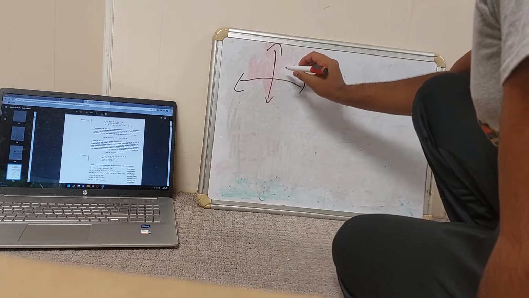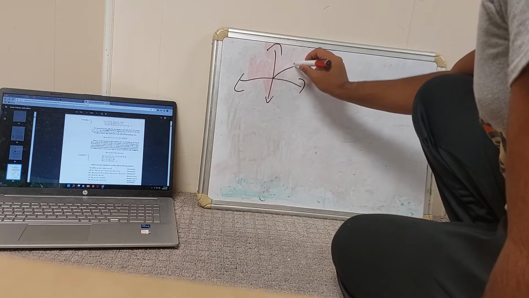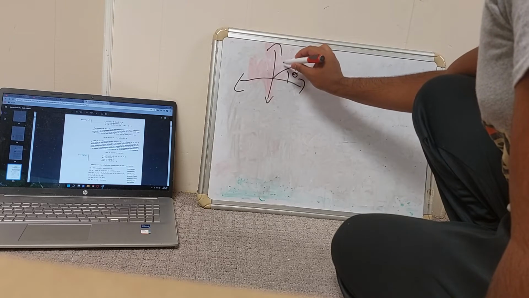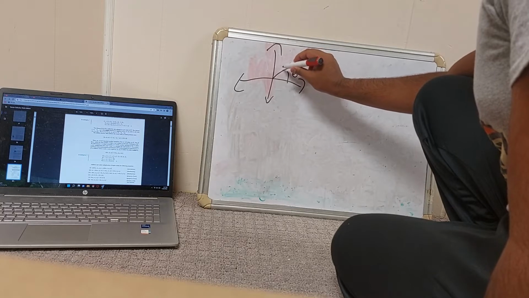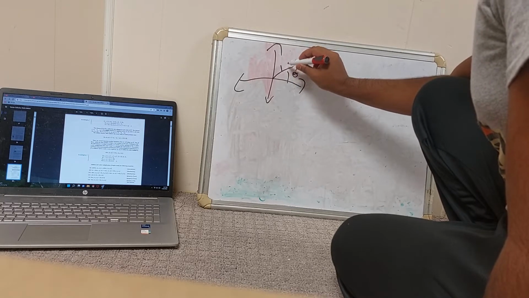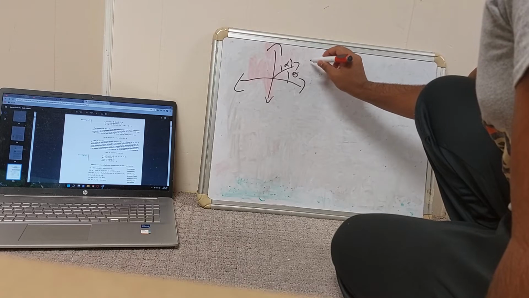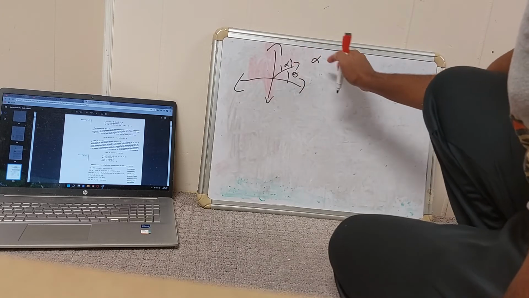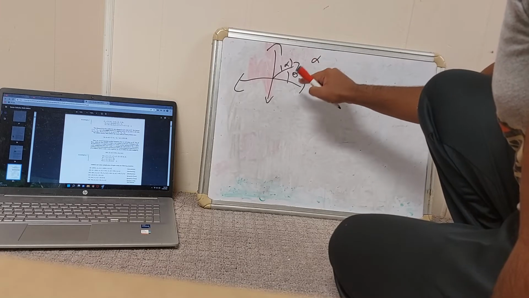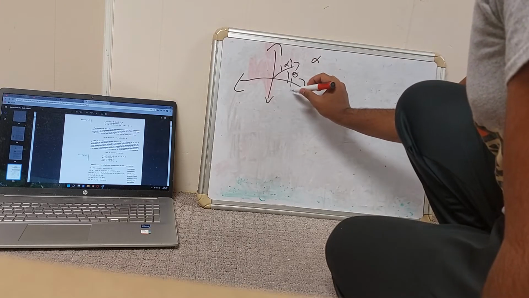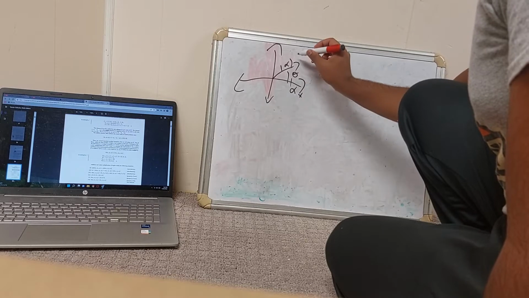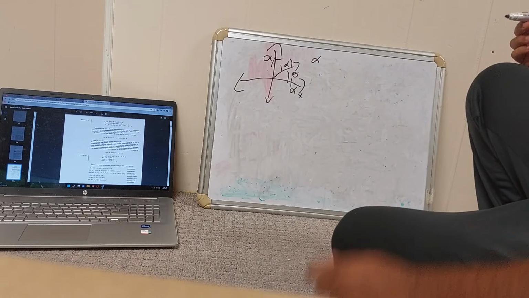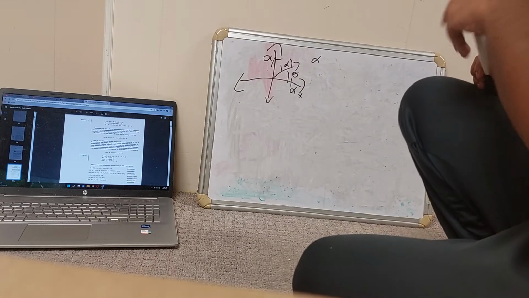It can either be represented as a ray from the origin with some angle and some magnitude. This is still alpha. Magnitude is represented by one bar on each side, or as the x coordinate of alpha and y coordinate of alpha. All right, now that's cleared.